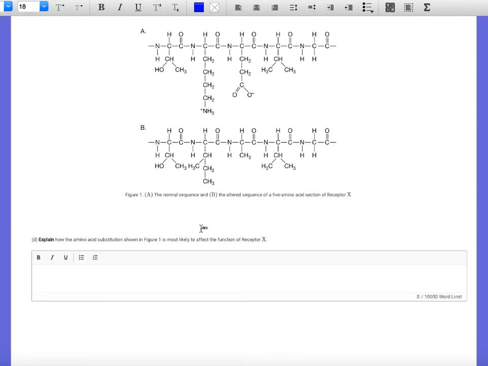Explain how the amino acid substitution is most likely to affect the function of receptor X. Well, we've talked a lot about how structure determines function. So if you change the shape of the protein, you're going to change the function of the receptor, because receptors are specific for a molecule of a particular shape.